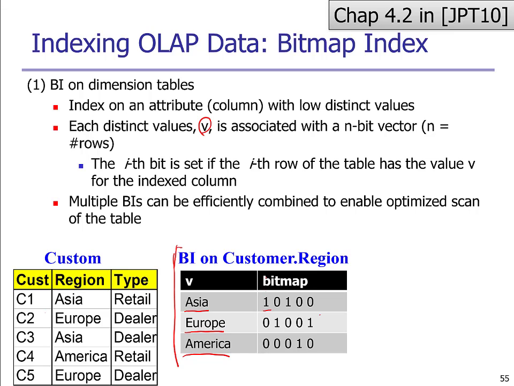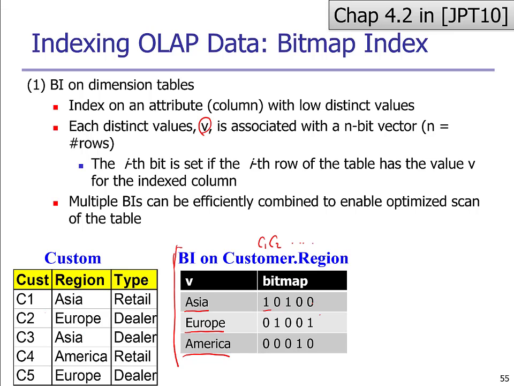So we take the leftmost as the first customer. So this is C1, C2, and so on. So 10100 means we have C1 and C3 associated with Asia, as they belong to region Asia.